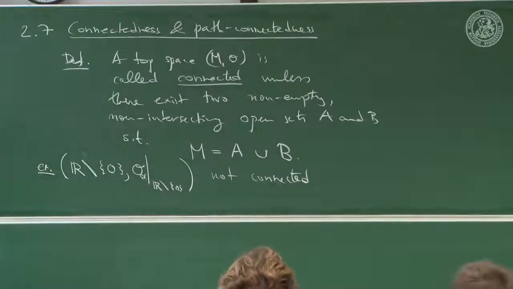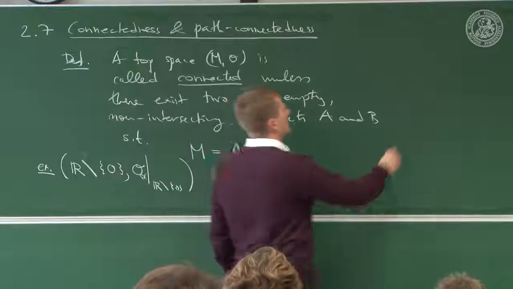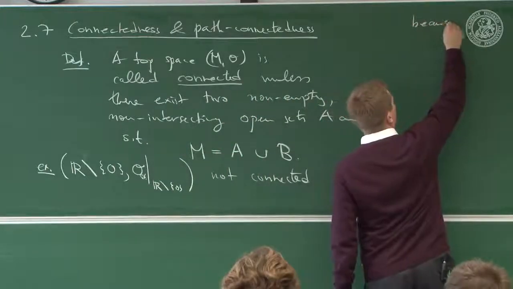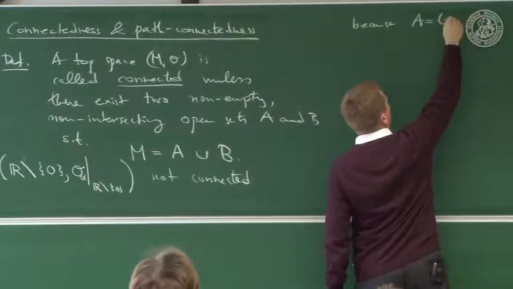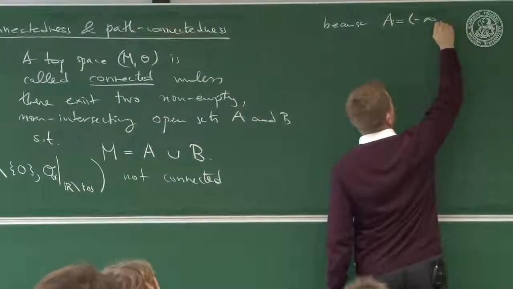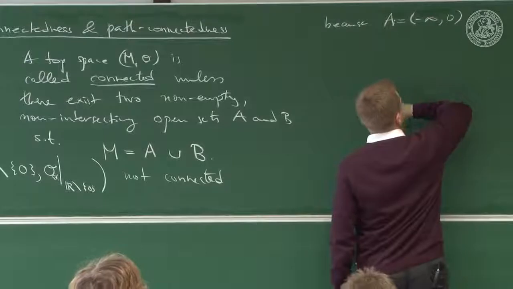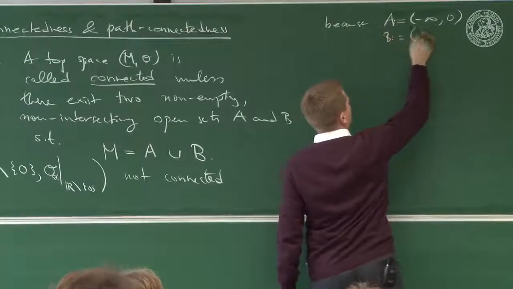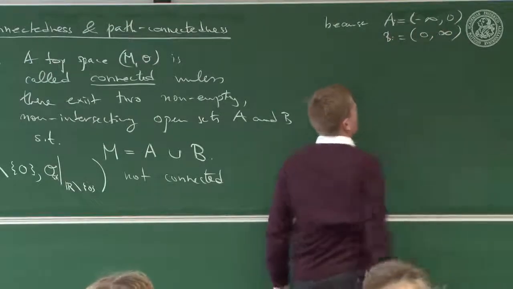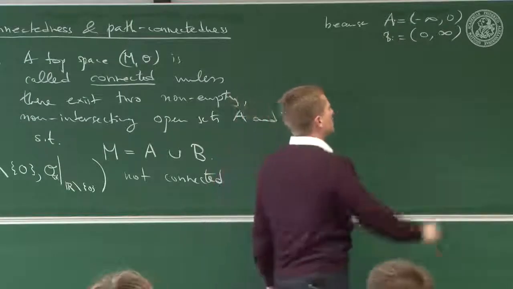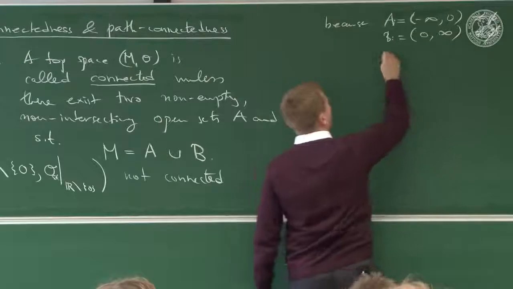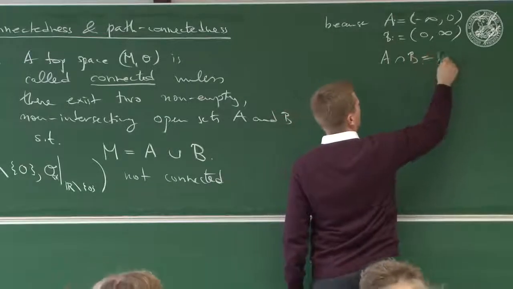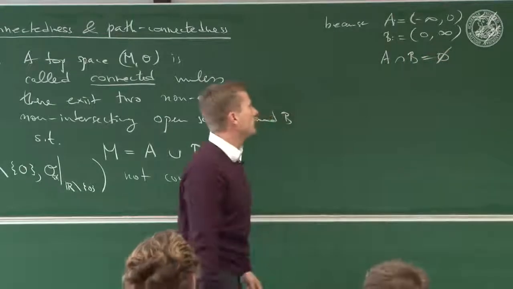And the intuition is quite simple, because let A be the interval from -infinity to 0, both exclusive, and let B be the interval from 0 to +infinity. It's clear they're both non-empty. They're both non-intersecting. And they're both open.